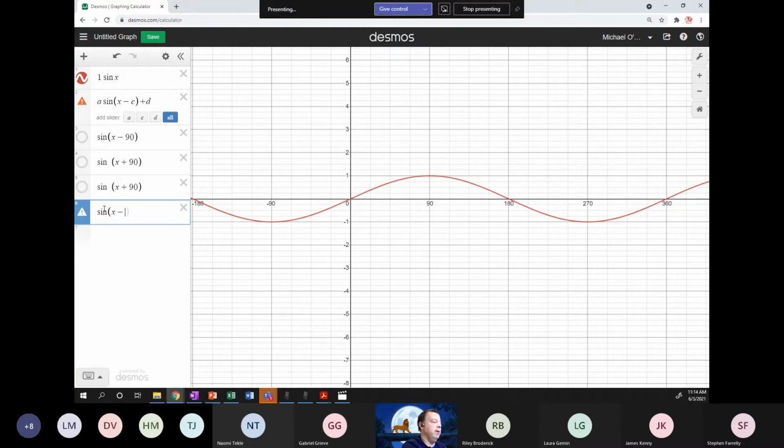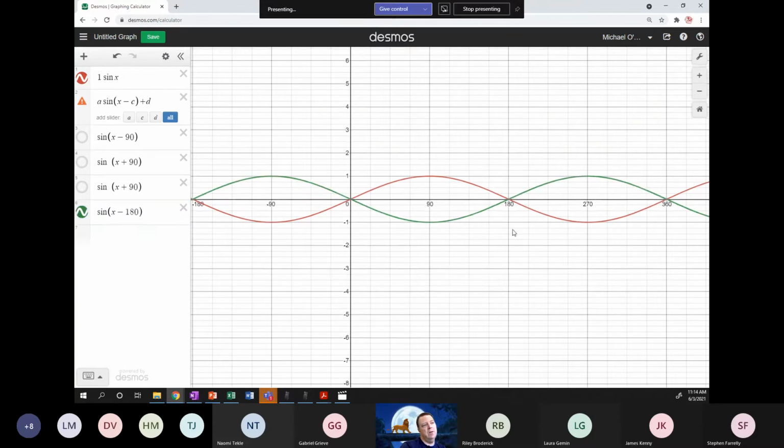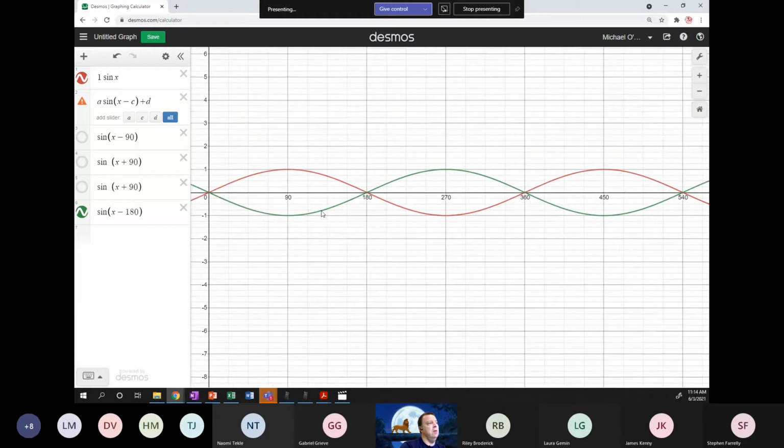Shift to the right, correct. And how far? 180. So you take a look. I've taken this spot where it starts and moved it all the way to 180, and now it starts going on its normal rhythm as such. Okay?